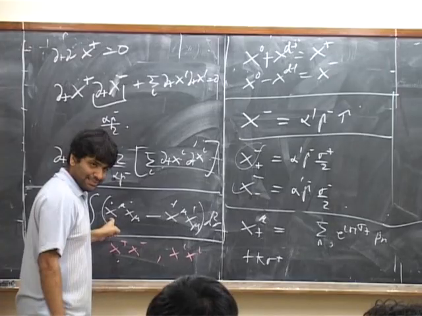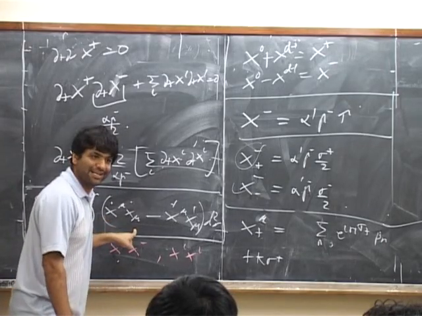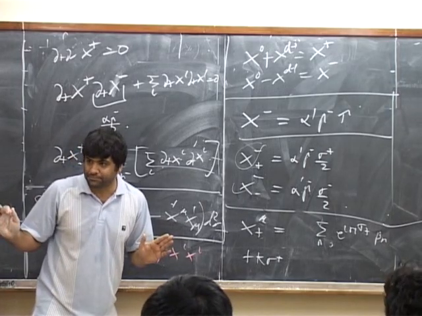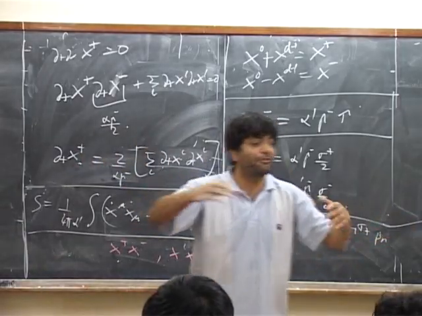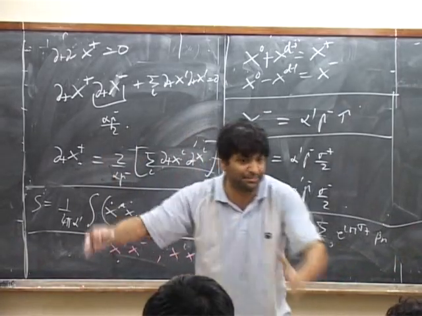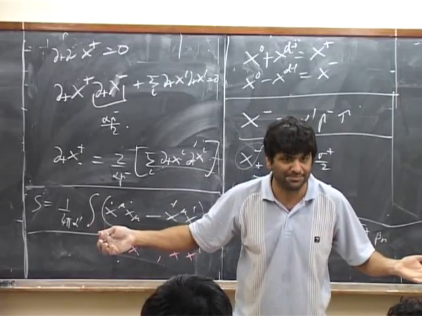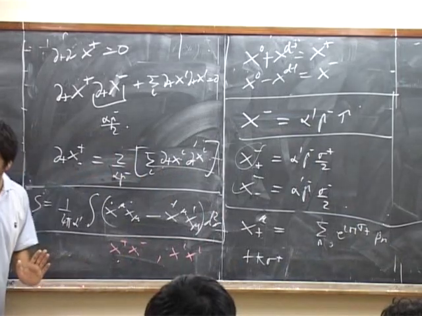So the action that remains is an action only for the zero modes of x plus and x minus. Is this clear? So there's no action remaining for the oscillator modes of x minus, which is why it can be gauge fixed at 0, or for the oscillator modes of x plus; they just don't enter the action. The xi's are just not affected by what's going on.